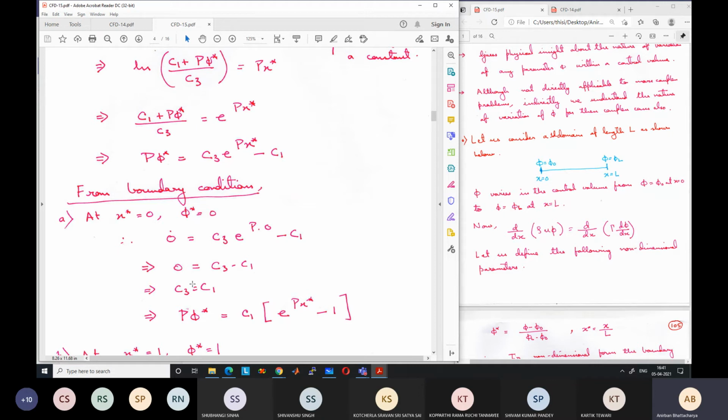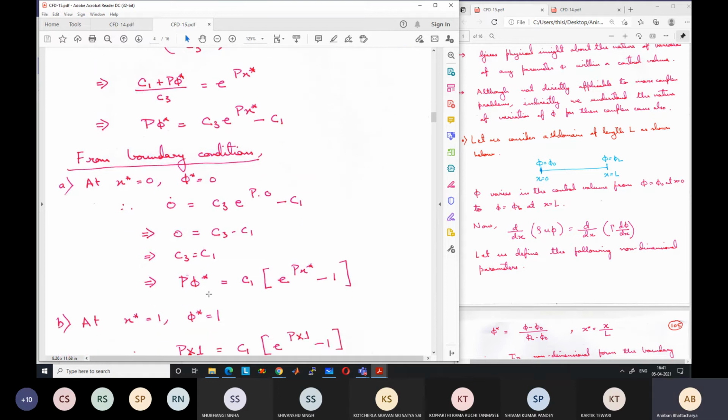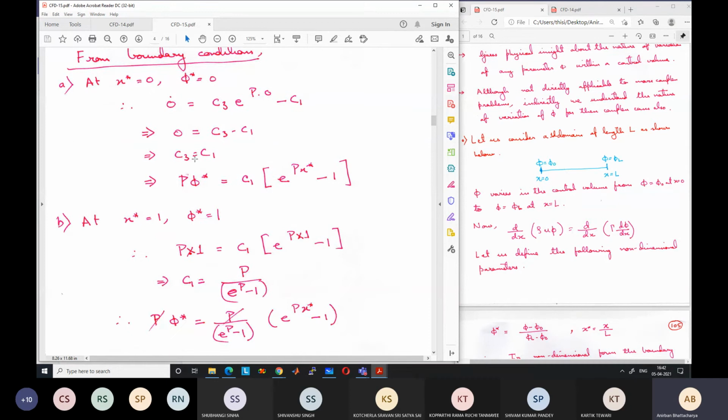Both the constants are equal, so we can replace c3 by c1. Now we can write this as p phi star is equal to c1 times e to the power p x star minus 1. This is the simplified form of the equation.